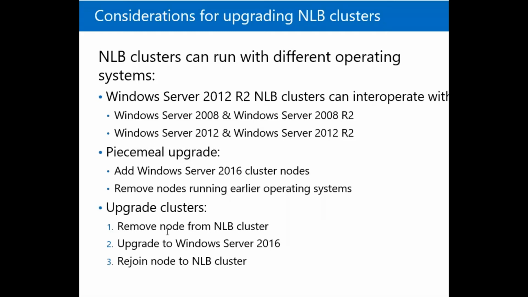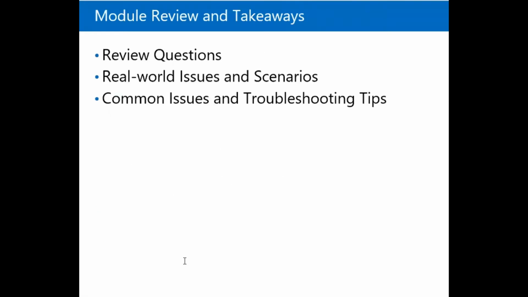Upgrade clusters: remove nodes from the NLB cluster, upgrade to Windows Server 2016, rejoin the node to the NLB cluster. And module review. So we're going to look at how to configure this, and we'll work around those areas.